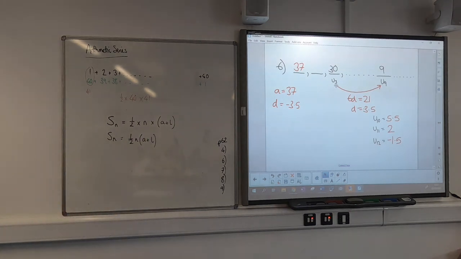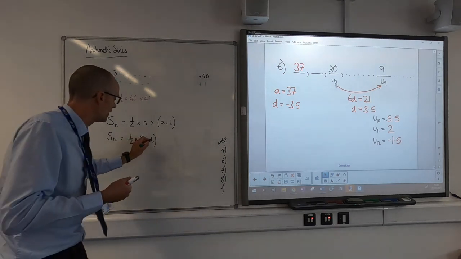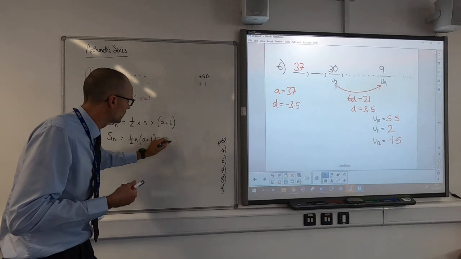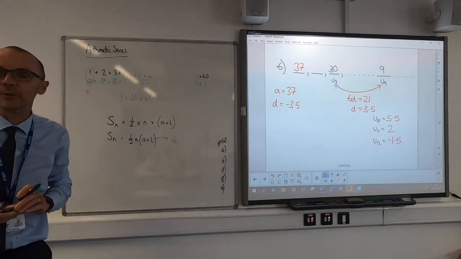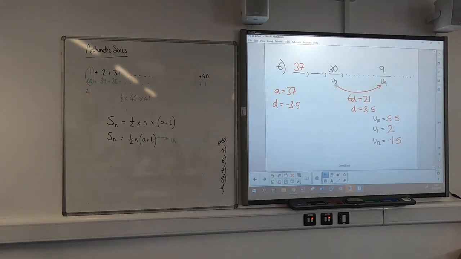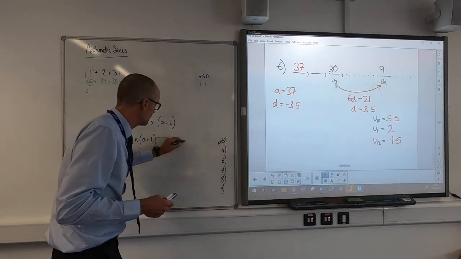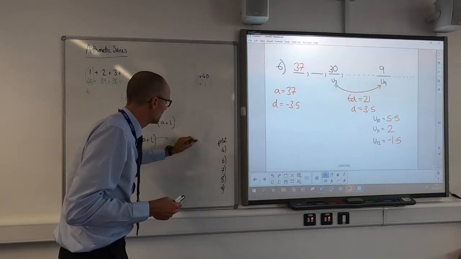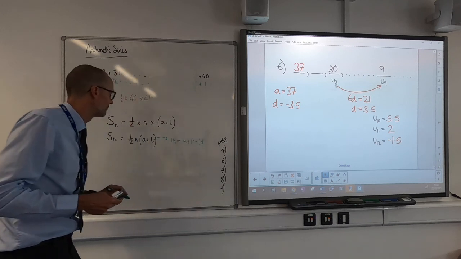Now what if we don't have the luxury of knowing the last term in our sequence? I can work out the last term. The last term is also the nth term, isn't it? So just like A is the same as U1, L is the same as Un. And that, using our formula, is the first term plus n minus 1 jumps.